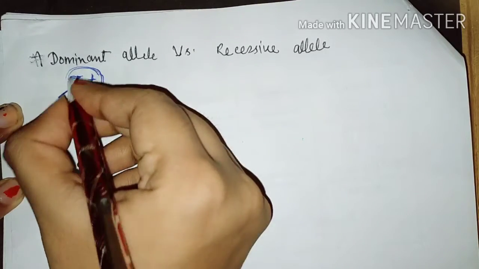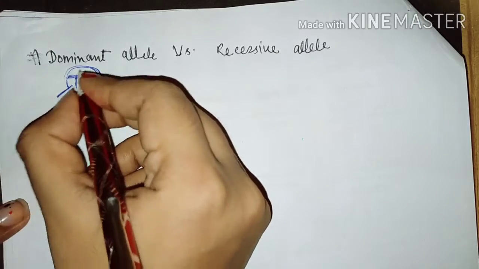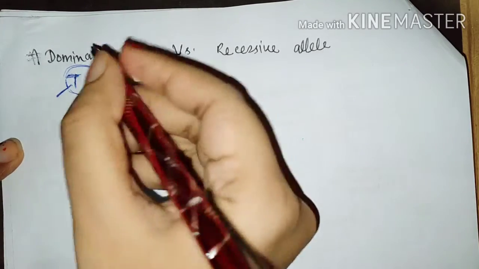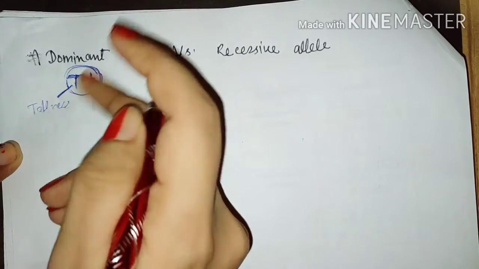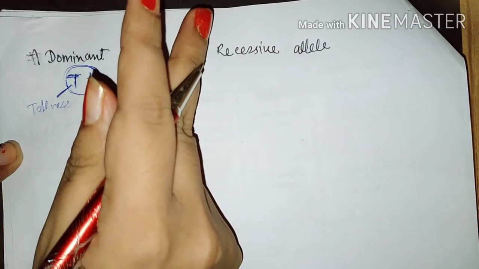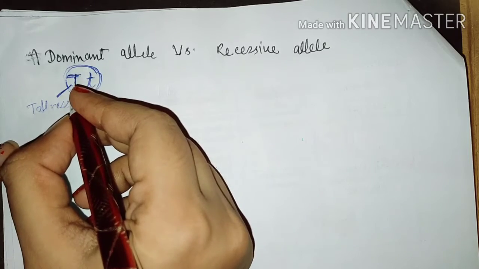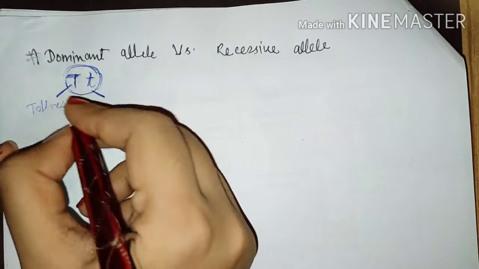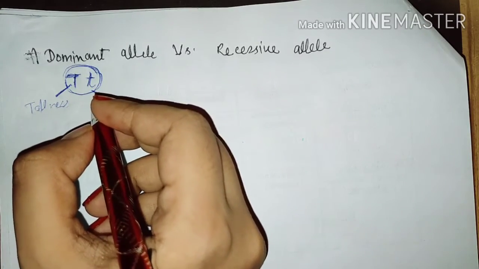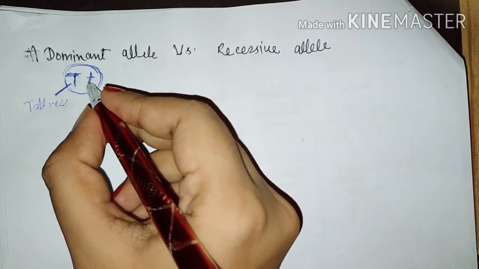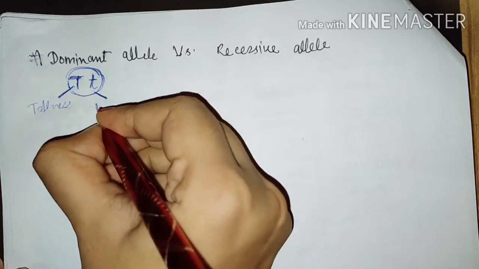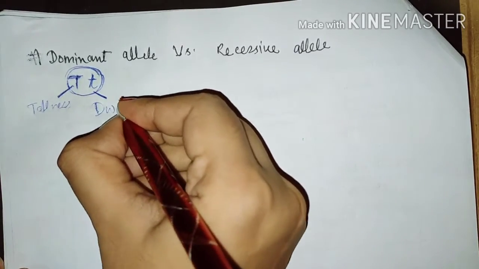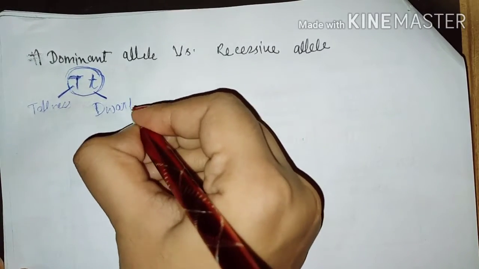So when both alleles are present, one is for tallness, but for tallness you need two capital T's. Here it is just one capital T, so this gene could not show a complete tallness. The second allele is small t, which represents dwarfness, but again, for dwarfness there is a requirement of two small t.